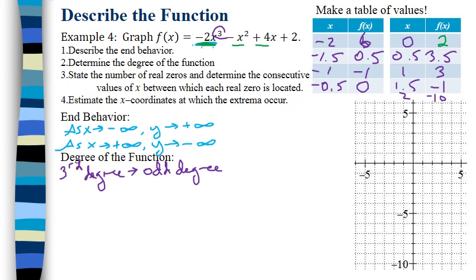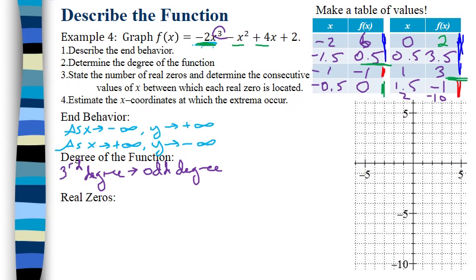Okay, looking at our table, let's look at where we think zeros might occur. Here we have some positive numbers, and then this is negative, so we know we have a 0 that occurs here, and then this is 0, so that's obviously a 0. This is positive, and this is all positive, and then this becomes negative. So from the looks of it, there's another 0 here.